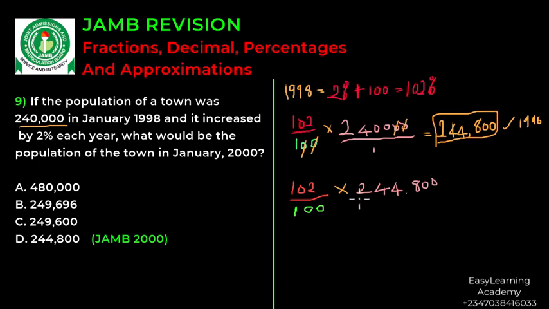Good, so let's go ahead to do the needful. That should be over 1. The last 0 here is going to cancel the last 0 here as usual, and 102 will multiply out 2,448.